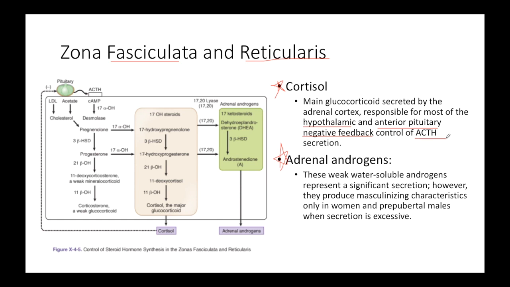And adrenal androgens are water soluble. They are a significant secretion, but they only really produce pathological effects when secretion is excessive, such as masculinization in women and precocious puberty in men.